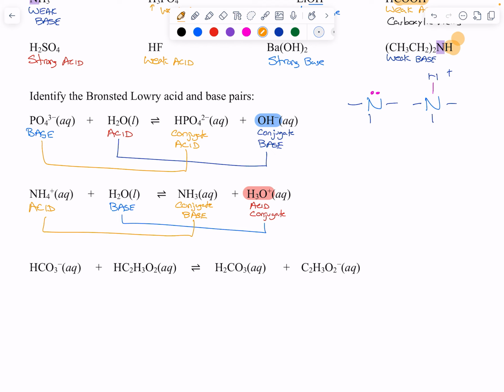Now, the last one, there is no hydronium or hydroxide, so there's no key. So now I have to figure out what H's can go. If I look at H's, I see that one and I see that one. So I got two H's here. That's an H, that's an H. Now, on the other side, what's the change? Acetate loses, so this H looks like it goes there. And it does. The H that was here is now there. So if that's the case, that means this is the acid and this is the base.